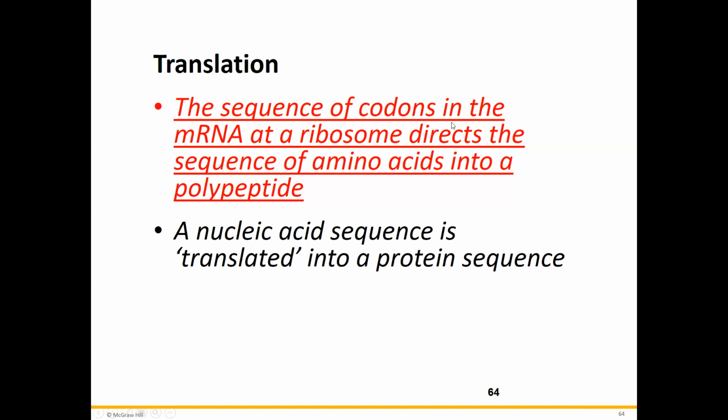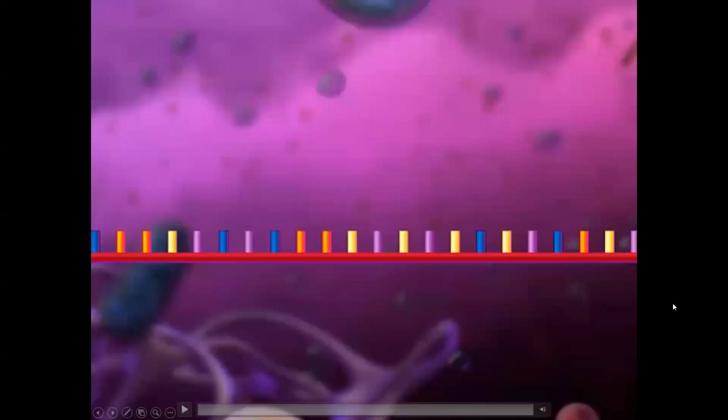The sequence of the codons in the messenger RNA and a ribosome is what directs the sequence of amino acids into the polypeptide. Where did the sequence of codons come from? DNA. So a nucleic acid sequence is going to be translated into a protein sequence. And here's a quick little 90-second video to watch translation.